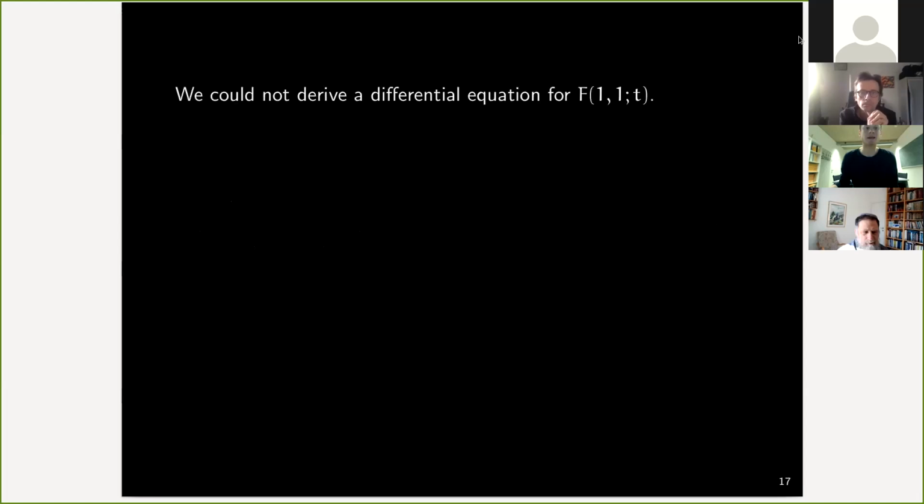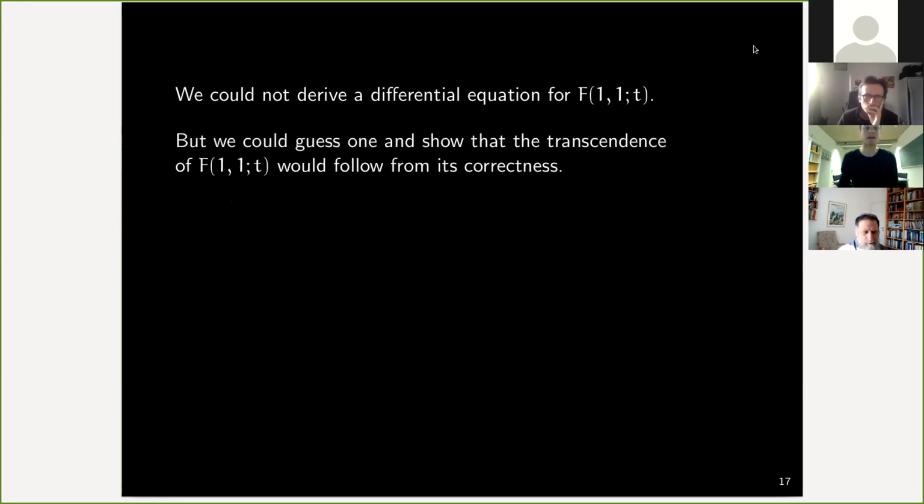For these two examples, we could show that the generating function is D-finite, but we could not derive a differential equation for the length generating function. But what we could do was guess one and show that under the assumption that the guessed differential equation was correct, the generating function cannot be algebraic.